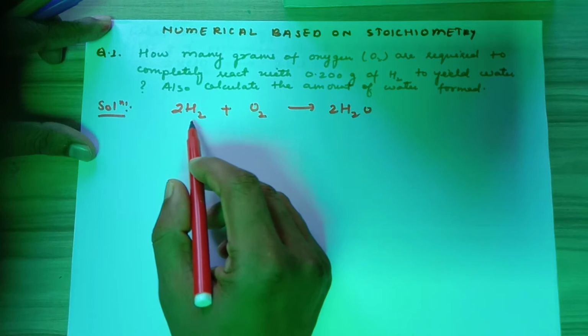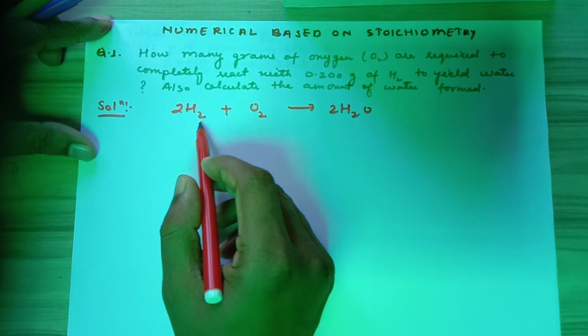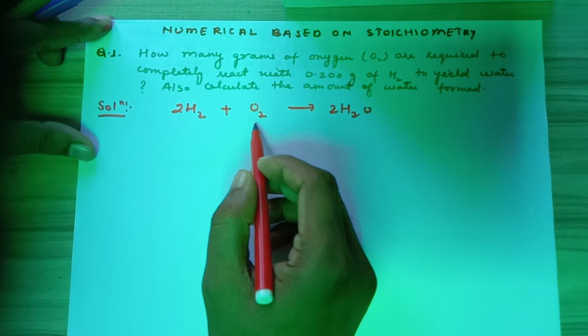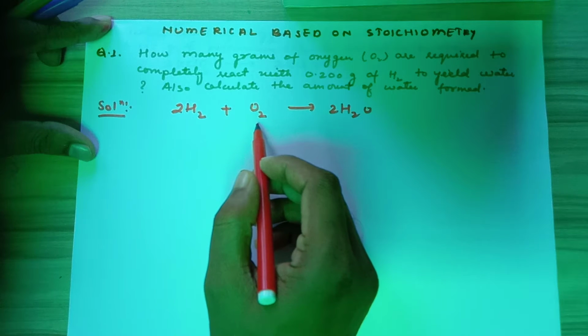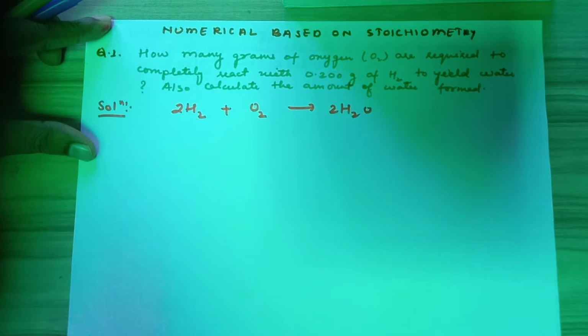So 2 mole of dihydrogen reacts with 1 mole of dioxygen to give 2 mole of H2O.